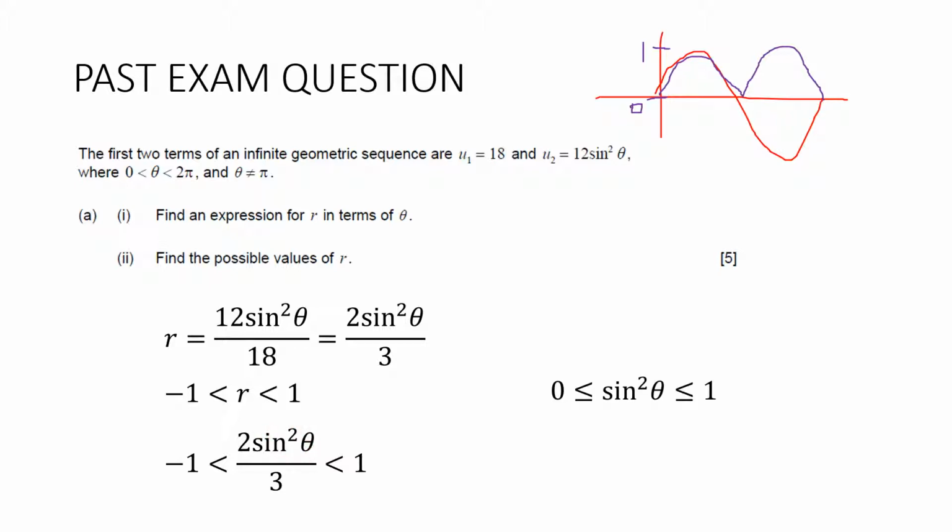So sine squared theta lies between 0 and 1, and so r must lie between 0 and 2/3. One more thing to note. It says up here that theta can't equal 0. So we're not going to put an equal sign here, but there's no problems with theta or sine squared theta equaling 1, so we will have less than or equal to here.